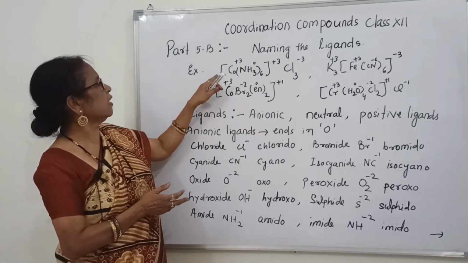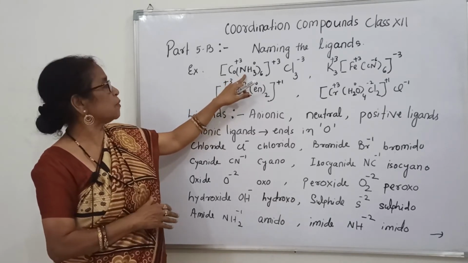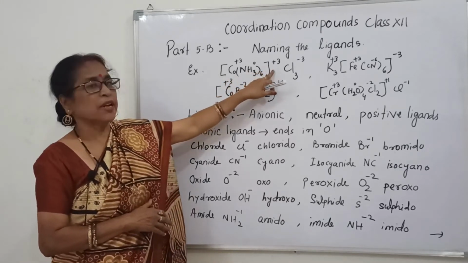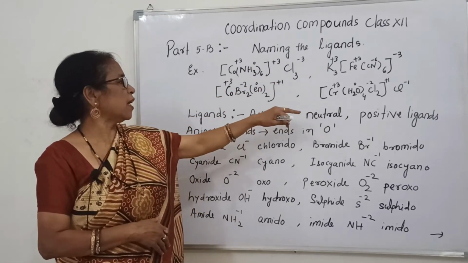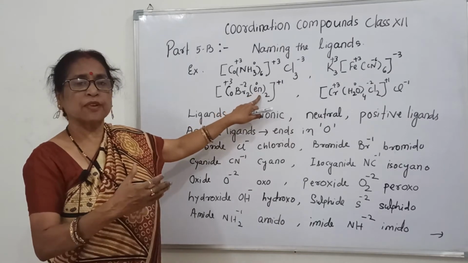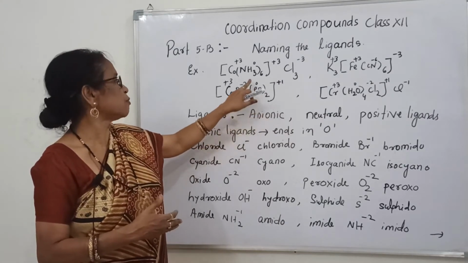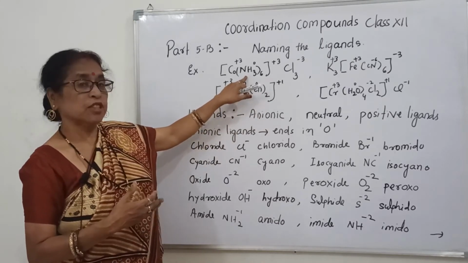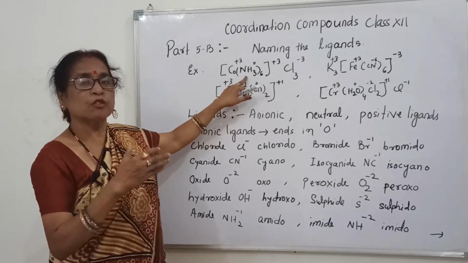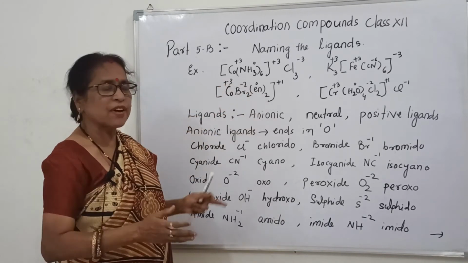Now here, between the metal and ligand there is no space, and the charge of the complex ion and the outer side ion, which is the counter ion, should be balanced. Polydentate ligands or polyatomic ions, anions, or molecules which act as ligands, that means ligands which are polyatomic or polydentate, should be written in parentheses.